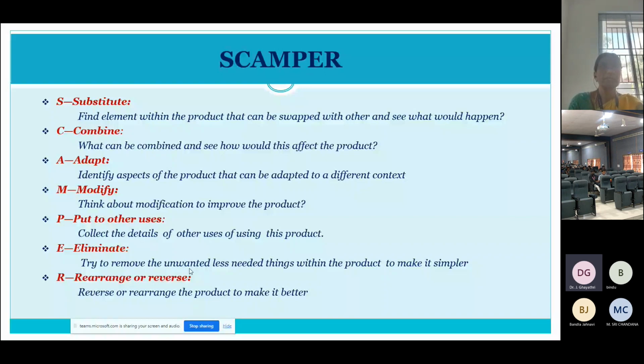Then rearrange and reverse, which can also give good results. Instead of putting the components in the sequence 1 2 3 4 5, you can put them in the order 5 4 3 2 1. So you can easily try SCAMPER when you are designing a product.